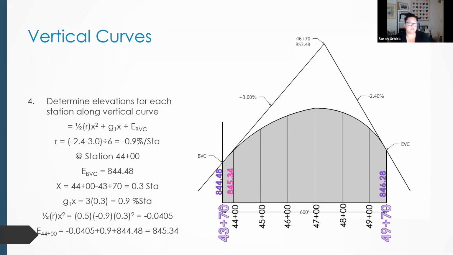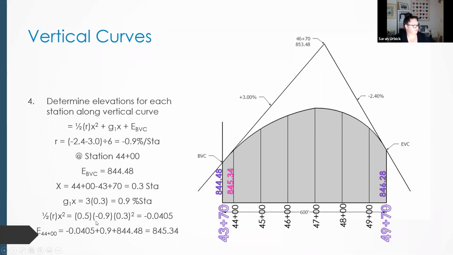We're going 6 stations across using the parabolic formula. 1/2 times our value for R, negative 0.9, times x squared, which is our 6 stations, squared. 36 times negative 0.9 times 0.5.